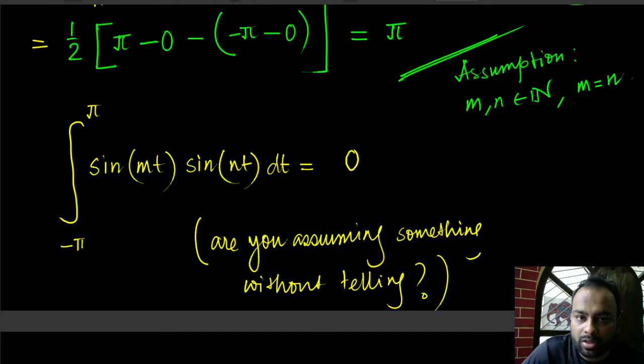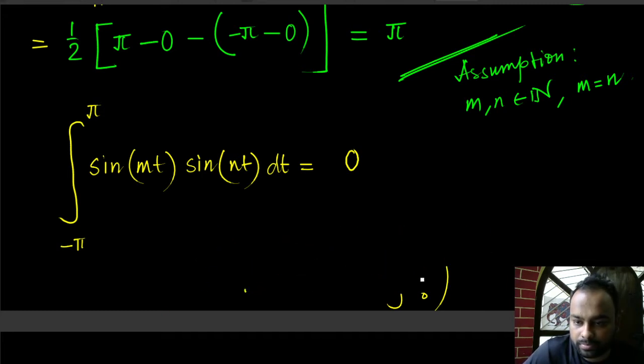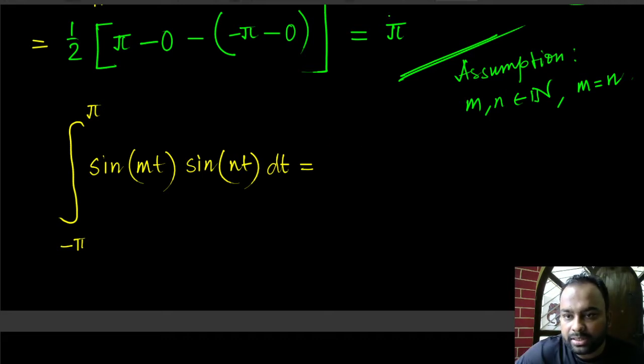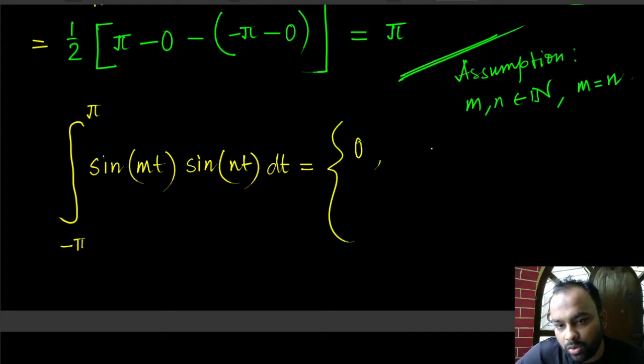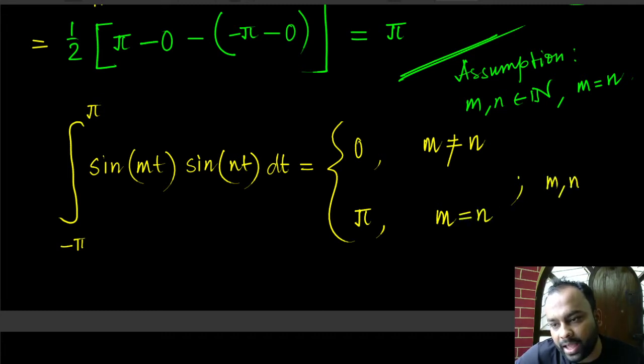So now we can happily say that this is equal to 0 when m not equal to n, and this is equal to pi when m equal to n, and of course m and n are both natural numbers.